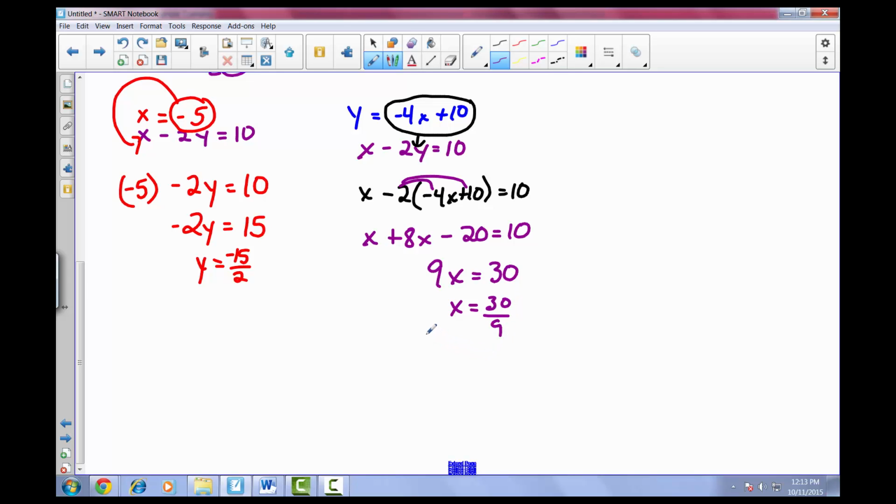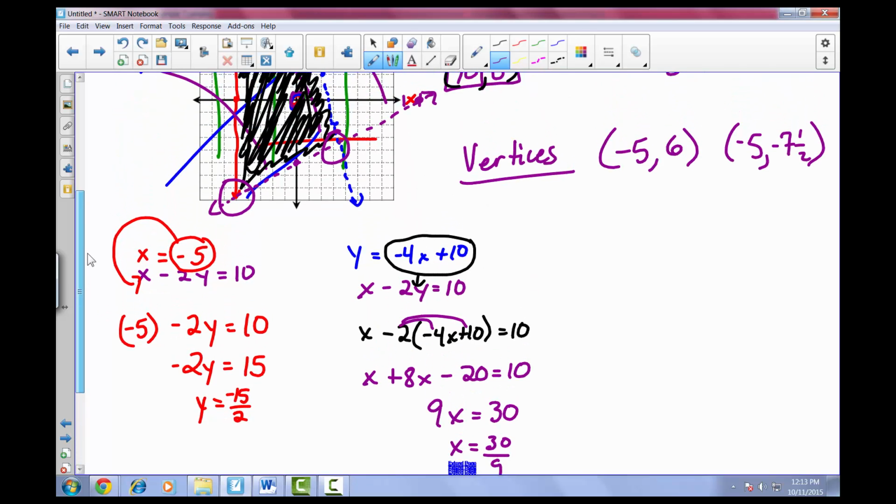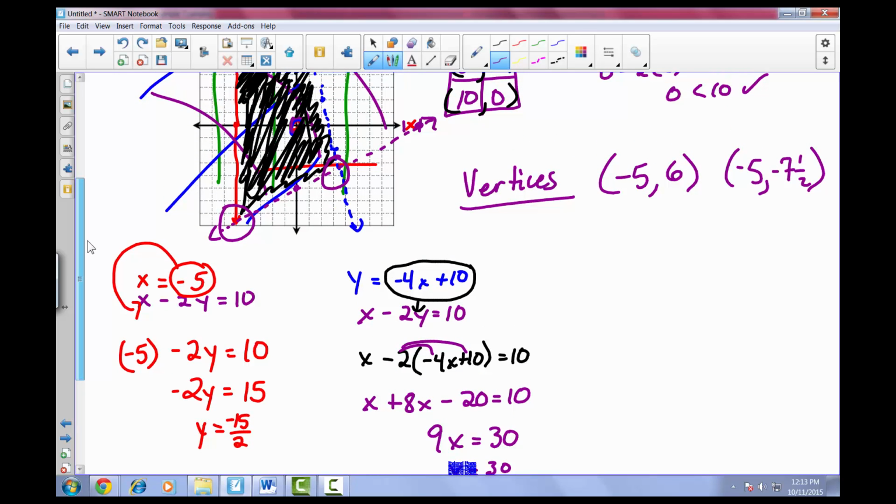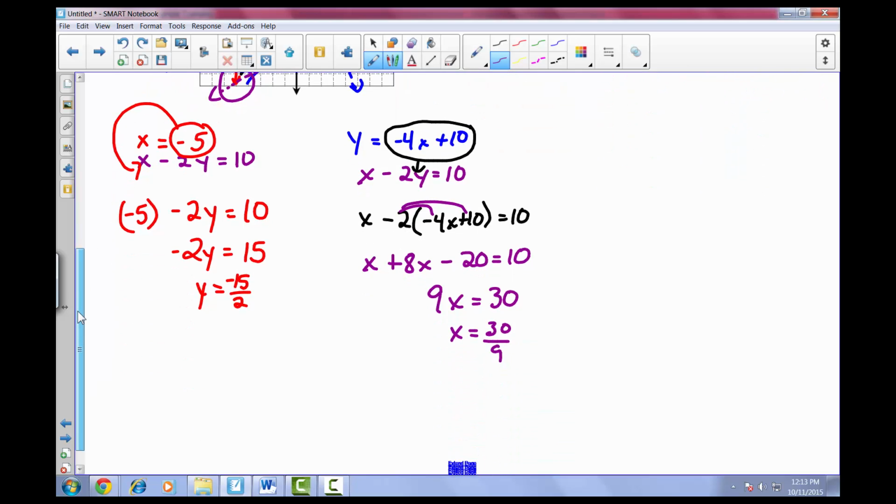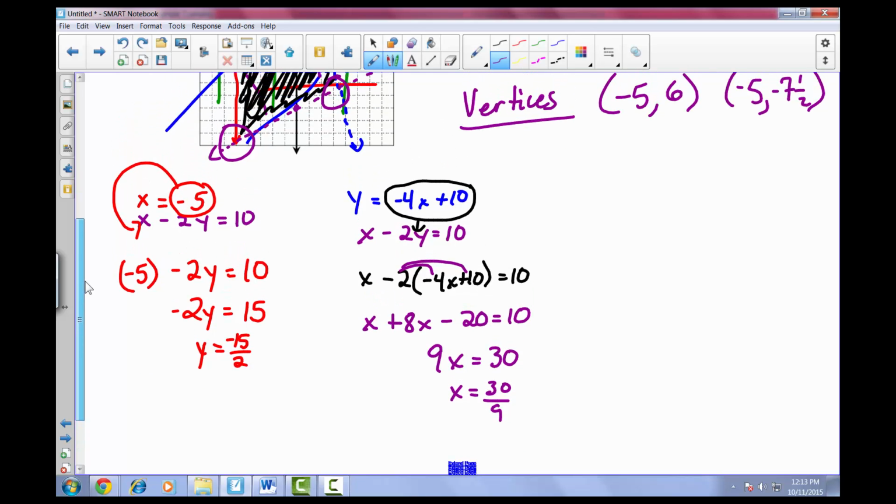So notice our x value is not really all that nice. It looks like it might be an intersection point, but again, that's the algebraic proof behind what it really is. Now we have to throw that back in to find the corresponding y value. So y is equal to -4 times 30 over 9.